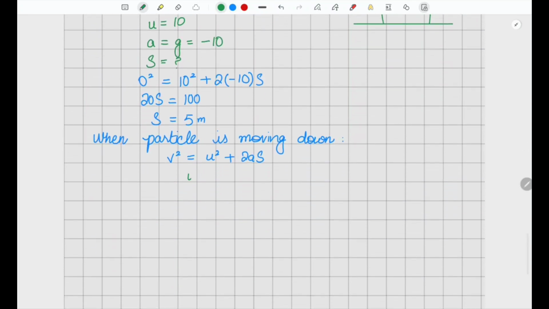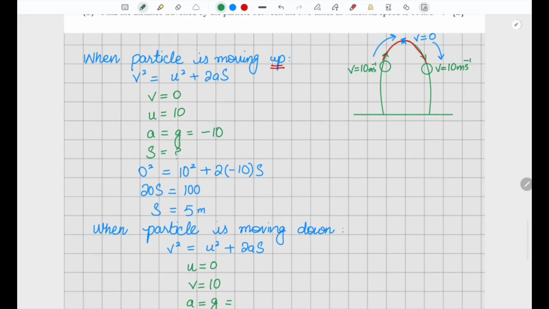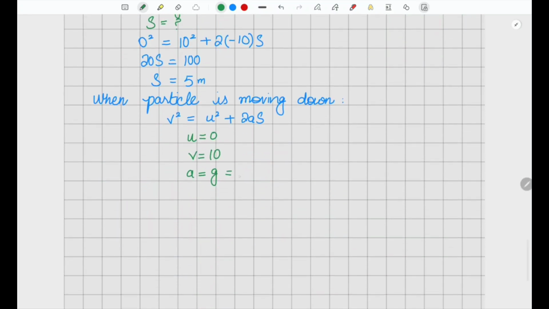Now the body is speeding up, its velocity is increasing, so the g value will be positive 10, and s is what we need to find. Let's write it as s1 and s2.